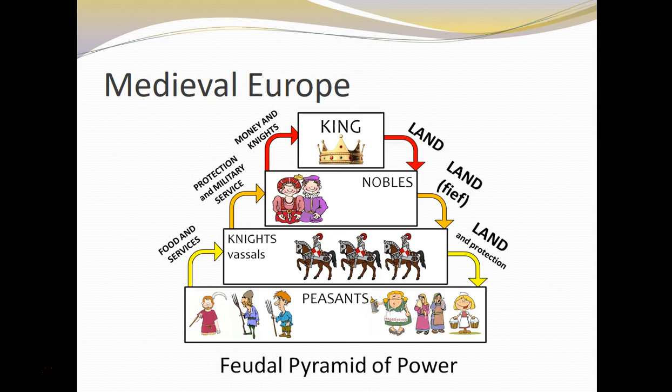The king was in charge of leading the war, but the nobles gathered up those troops, and they were underneath him in the chain of command. So they would be able to command the knights underneath them with the king's orders. And of course the knights would listen to the kings as well, but the nobles were the ones who had to gather them. And so this is the system that we're going to be looking at during the next lecture.